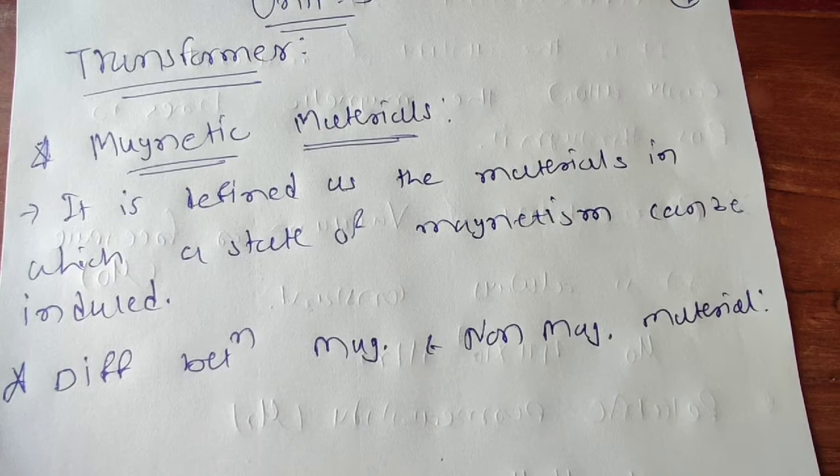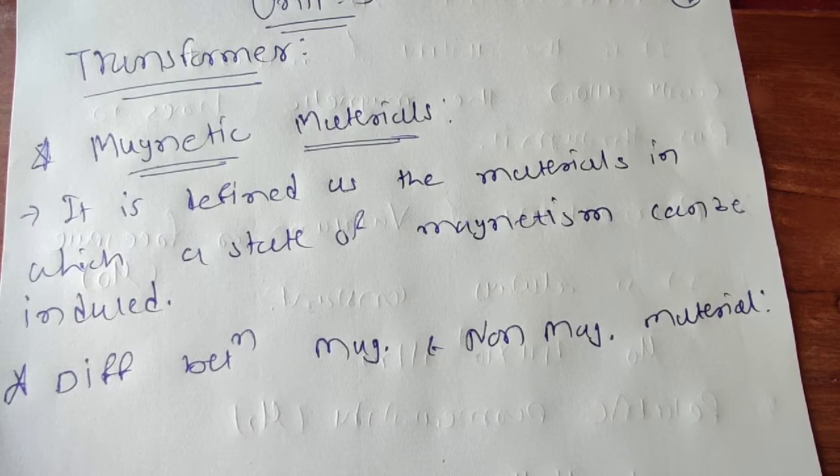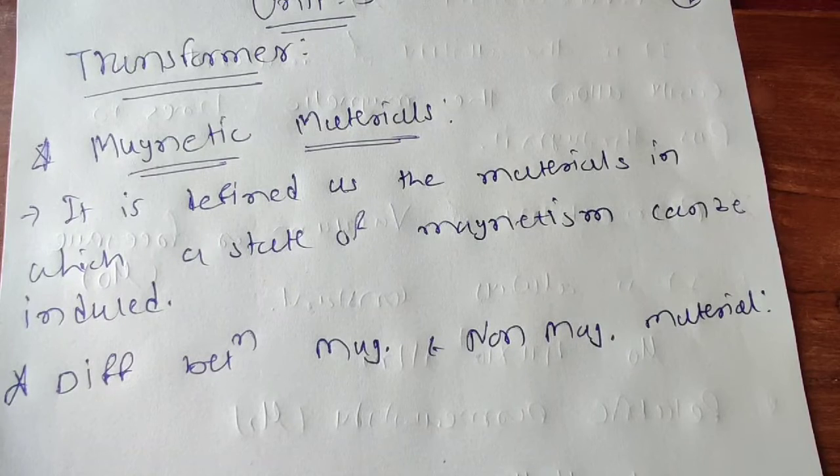If it is a non-magnetic material, all the molecules inside the material contain electrons orbiting around the nucleus. All these orbits are equivalent to circulating currents, and therefore they develop MMF. MMF stands for magnetomotive force.